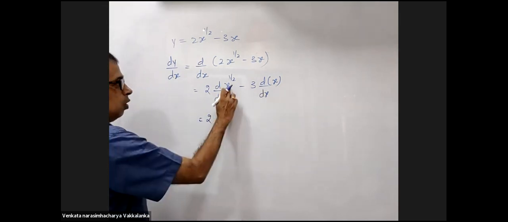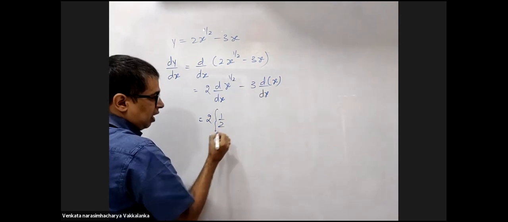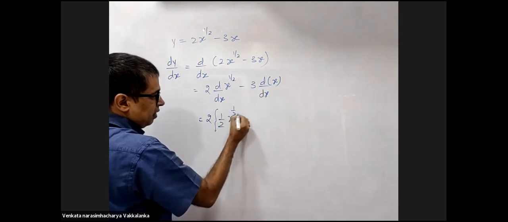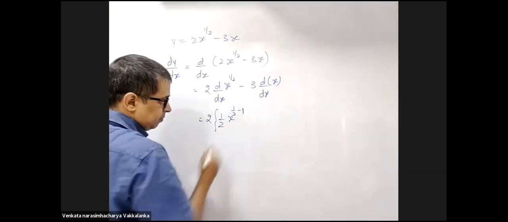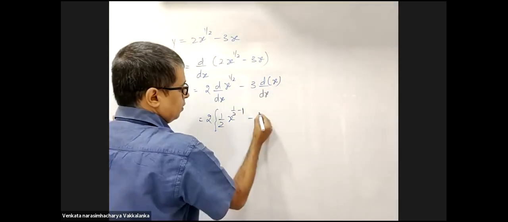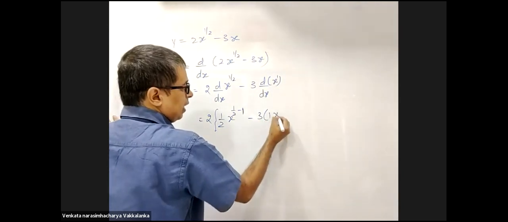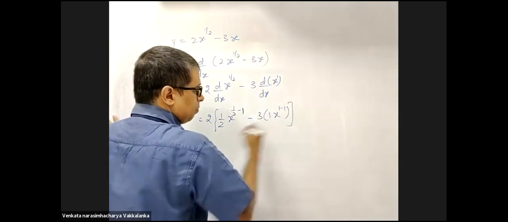2. d by dx of x to the power half is half x to the power half minus 1, minus 3 x to the power 1 is 1 x to the power 1 minus 1.